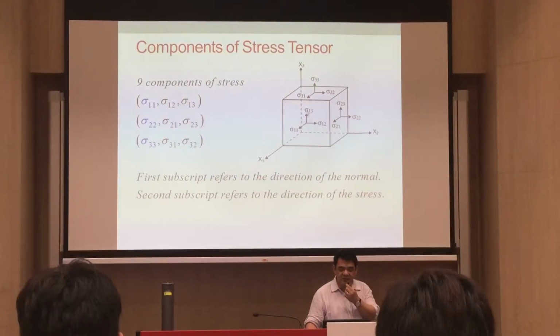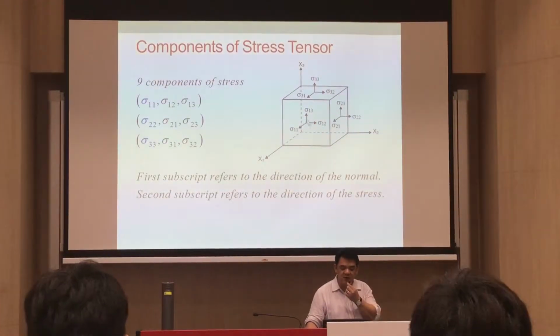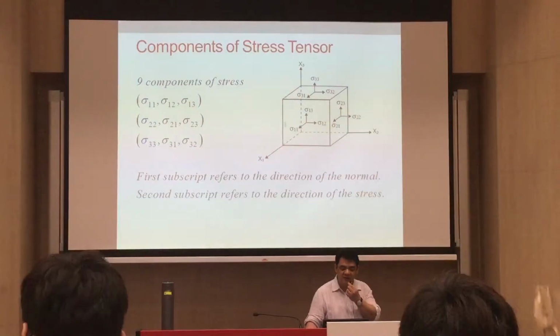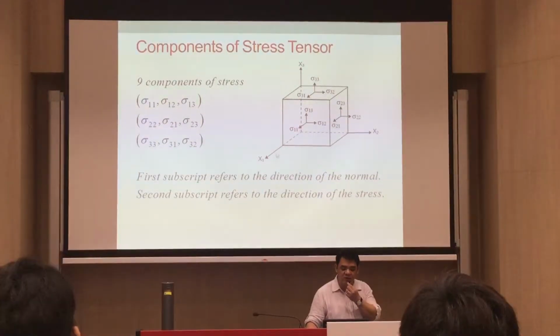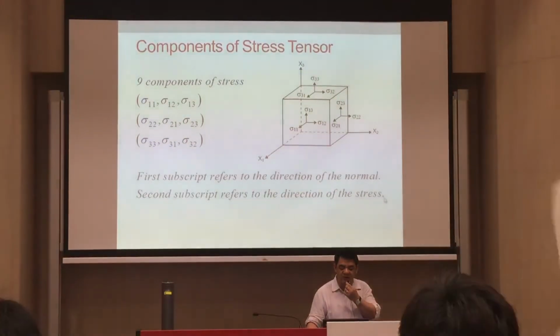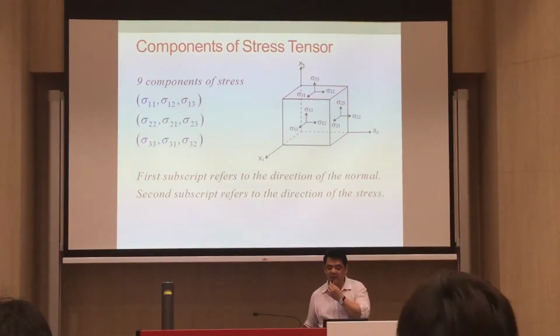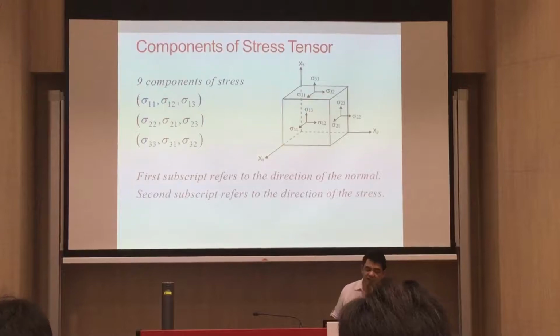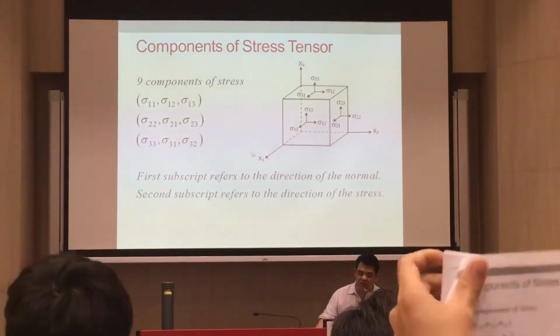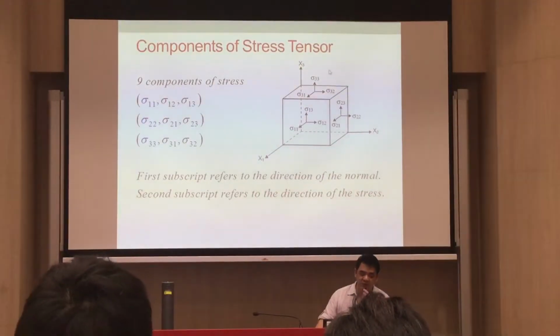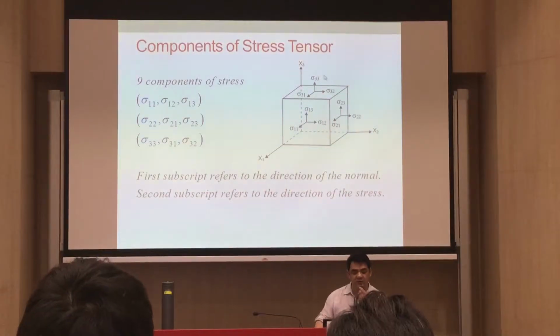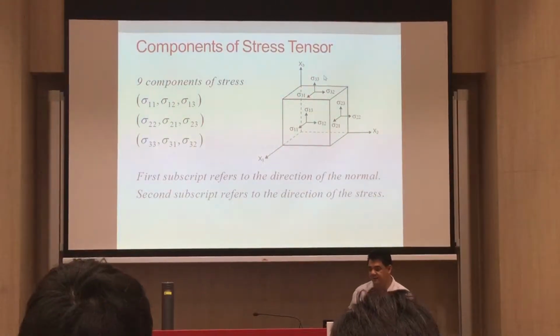This stress acts on this face perpendicular to x1, that's why it's 1. And the second subscript refers to the direction of the stress, in the direction of x3. So instead of using x, y, z, in this course we're going to use x1, x2, x3, or simply 1, 2, 3. So don't be confused with that.